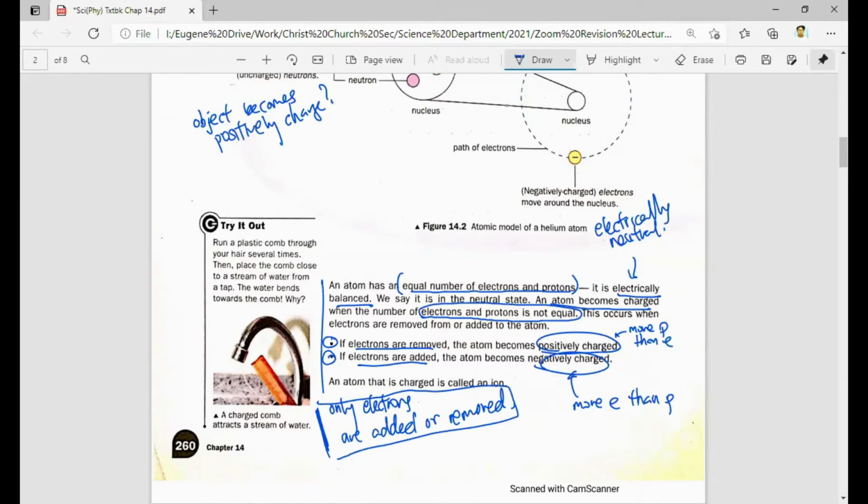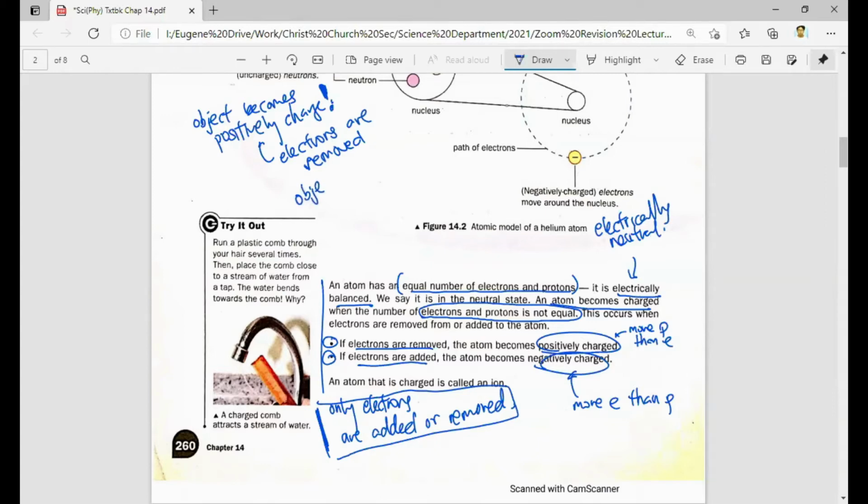How does it become positively charged? This happens because electrons are removed. When an object becomes positively charged, what happens is that electrons are being removed.